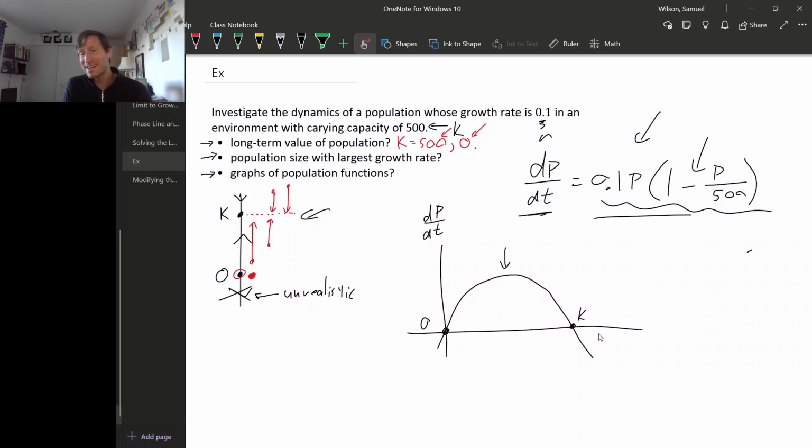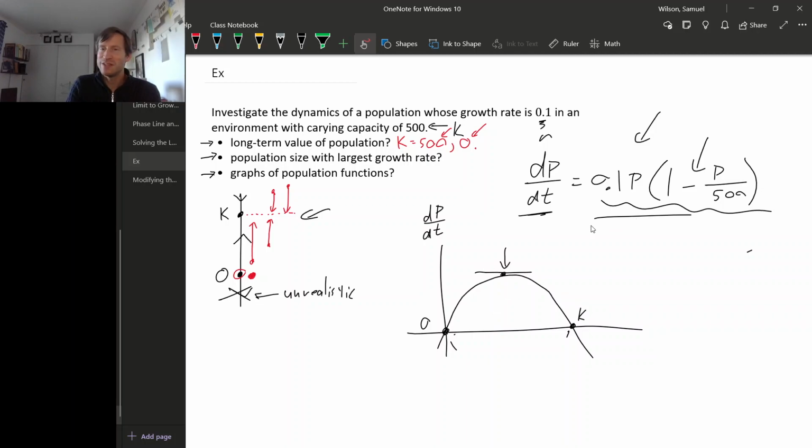Since this is a quadratic, there are a couple of ways of doing that. We could just take the average of the two horizontal intercepts. On a quadratic, the vertex is always halfway between the intercepts. But maybe a more calculus-y way to do it is to find population values where this slope is 0.